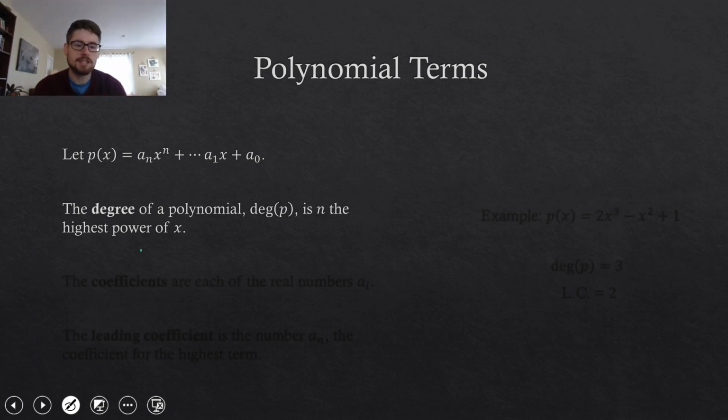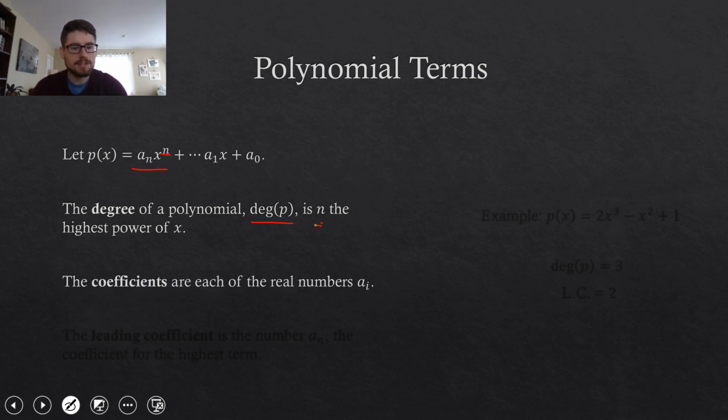You would say the degree of a polynomial, and it's usually given the symbol deg of p. You can think of it like a function: you give it a polynomial function, and deg returns the highest power. In our general case, our highest power is n, and that's the degree of the polynomial.